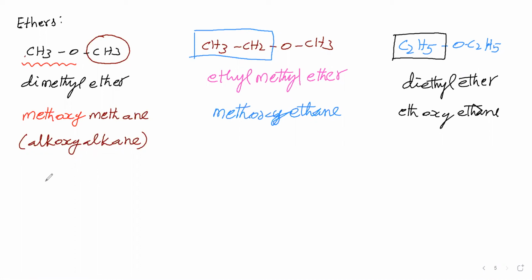Next compound we will take: (CH3)3C-O-CH3. Now, for this compound, what is the common name? Here the ether is present at this carbon.